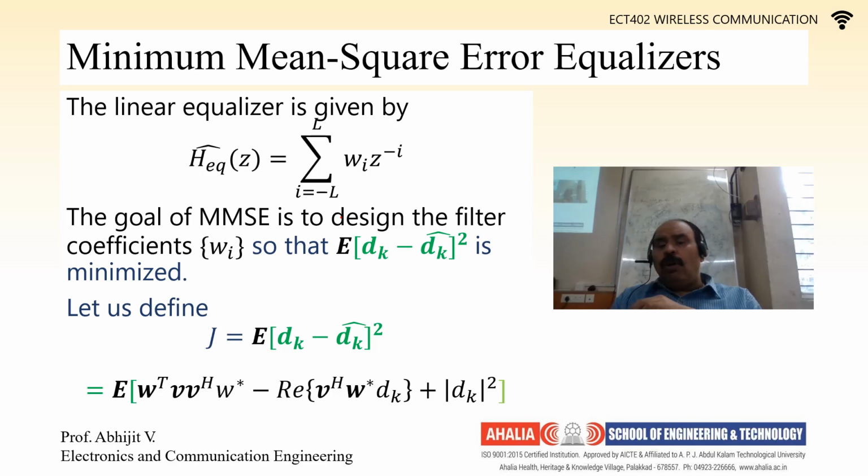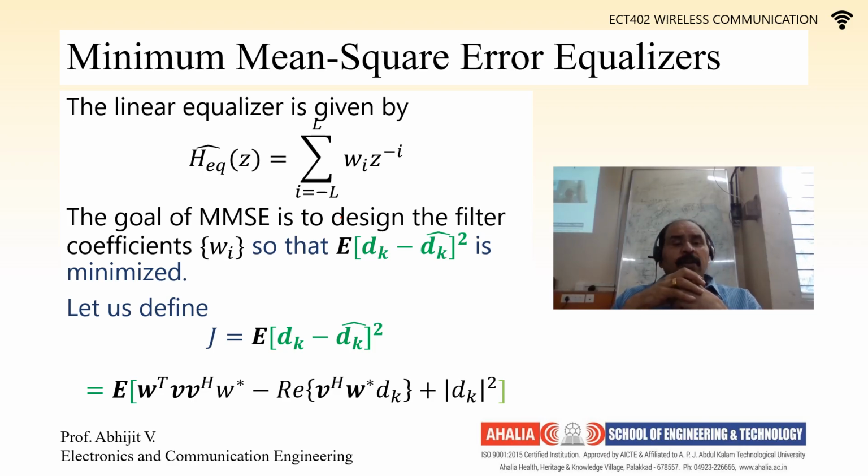So the goal of this filter is to find the optimal value of W_i so that the error between d_k and the output of the equalizer, d_k tap, is as low as possible, minimized to a very optimal level. E of (d_k minus d_k tap) square is minimized to the lowest possible value.